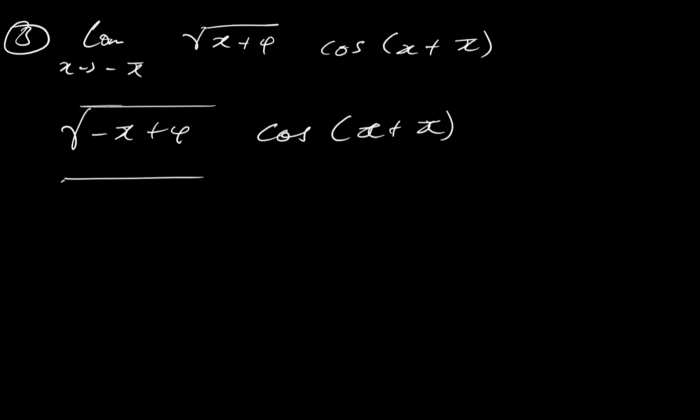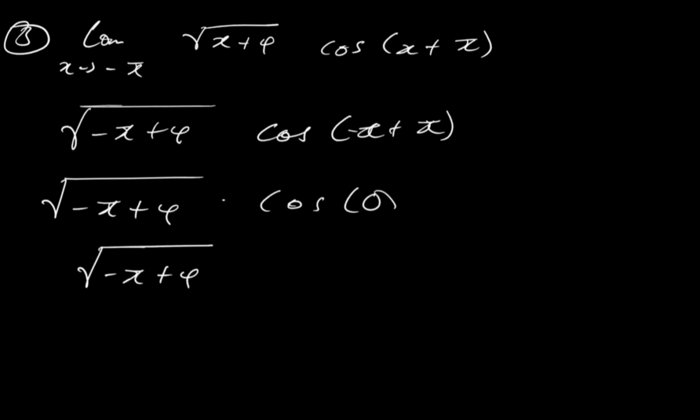So you have the root of minus pi plus 4, then cos 0, which is 1. In the end, your final answer is the root of minus pi plus 4.